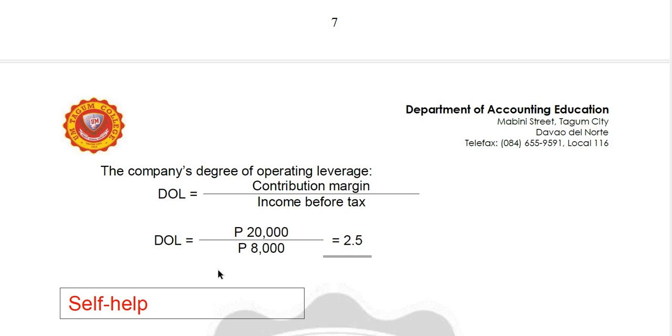Simply because if you have a high operating leverage, it means your fixed cost is large. So, if your sales volume increases, there is a lot of excess contribution margin after covering the fixed cost, so the impact on your operating profit is big. But if your sales volume goes down, the impact is also big. Since your fixed cost is high and your sales volume decreases, your contribution margin will decrease. That means you only have a small amount left to cover your fixed cost, and in that way, it could really affect your operating profit.